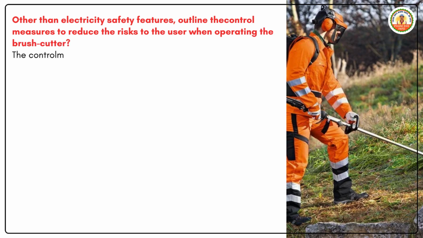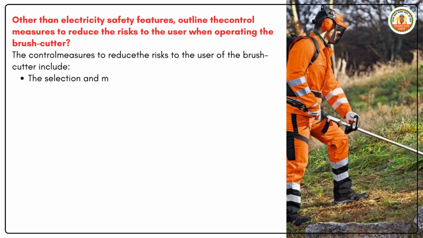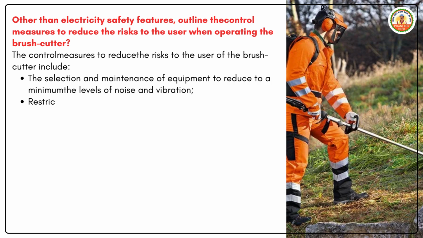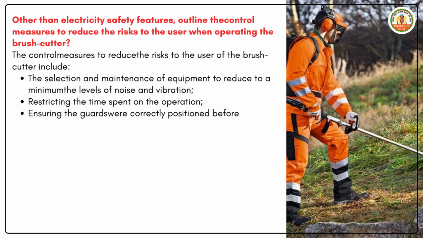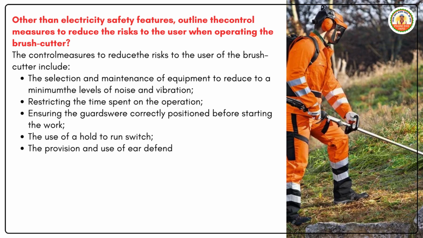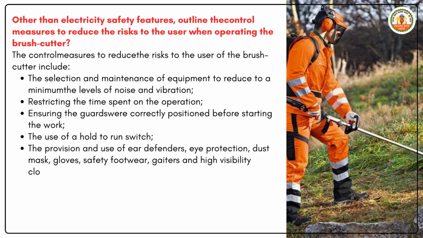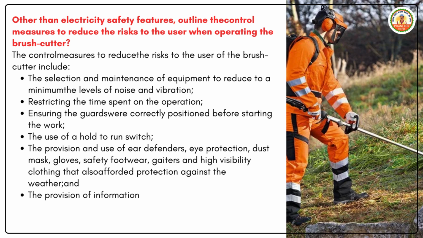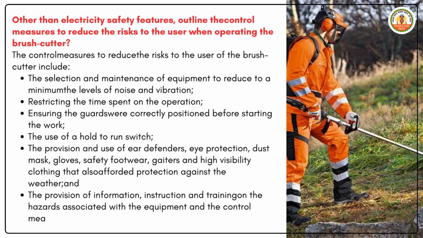The control measures to reduce the risks to the user of the brush cutter include the selection and maintenance of equipment to reduce to a minimum the levels of noise and vibration, restricting the time spent on the operation, ensuring the guards are correctly positioned before starting the work, the use of a hold-to-run switch, the provision and use of ear defenders, eye protection, dust mask, gloves, safety footwear, gaiters and high-visibility clothing that also affords protection against the weather, and the provision of information, instruction and training on the hazards associated with the equipment and the control measures to be observed.